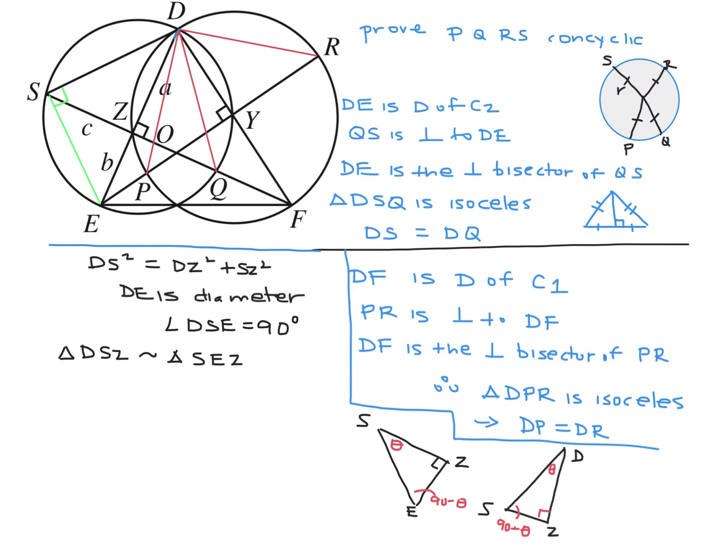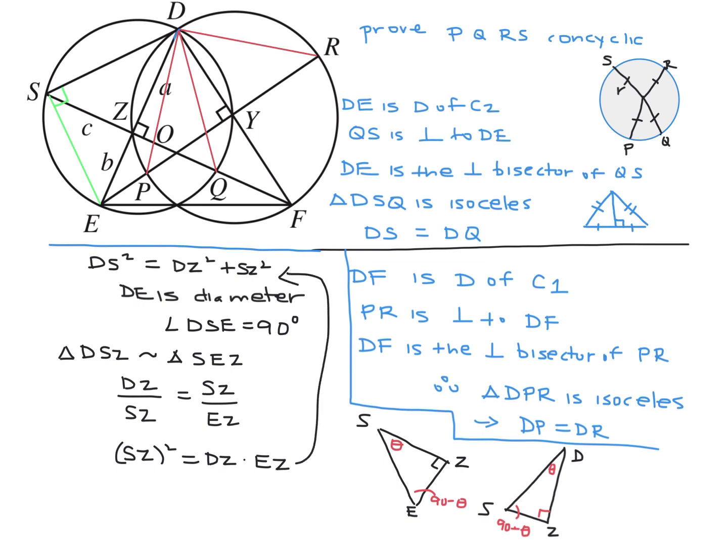Now, using similar triangles, the ratio of the sides, DZ over SZ, will be the same as SZ over EZ. Cross multiplying, you get SZ squared is equal to DZ times EZ. Correct? So now we can plug this back into our Pythagorean relationship. So DS squared is equal to DZ squared plus DZ times EZ.